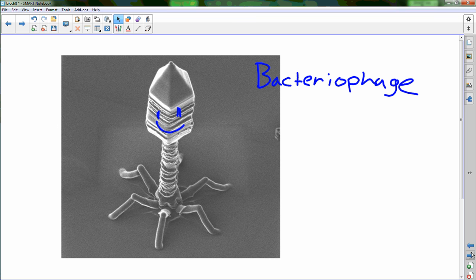But even though these are cool looking viruses, we don't worry about them because all bacteriophages, as the name implies, only infect bacteria cells. So a bacteriophage just isn't set up to attack human cells. There's nothing it can do.